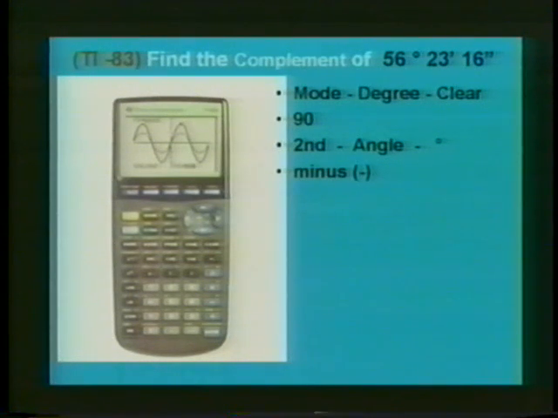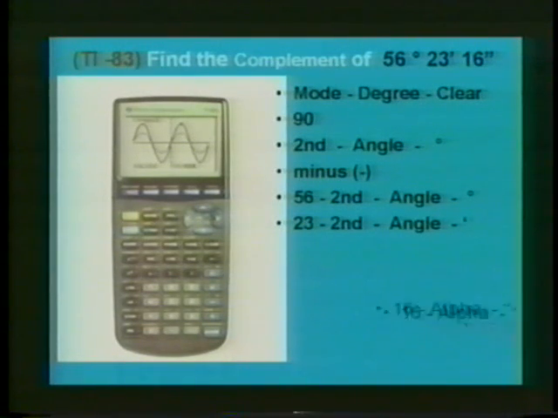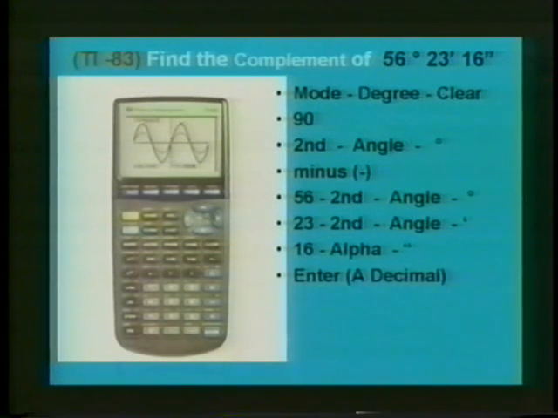Then you have to subtract. You have to put in your 56 degrees, so 56, second, angle, degrees. You have to put in your 23 minutes, so 23, second, angle, minutes. And you put in your 16 seconds by going 16, alpha, down the bottom right, quotes, or seconds. And you hit enter, and you get a decimal.